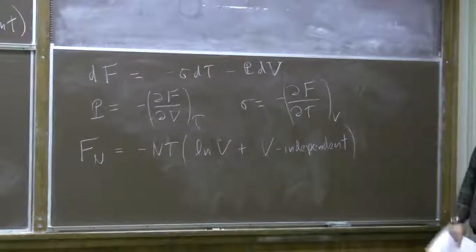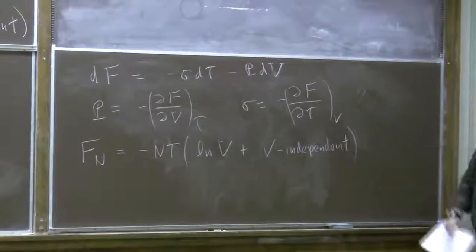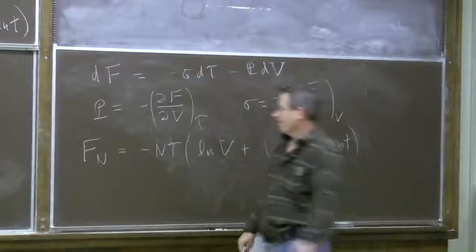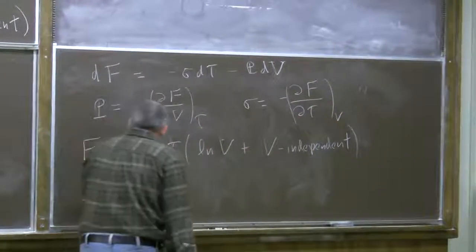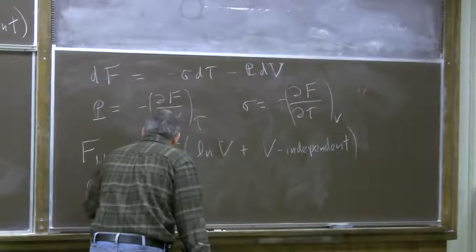So when I differentiate with respect to volume and change the sign for the pressure, I get n tau, differentiating the log gives me 1 over V.